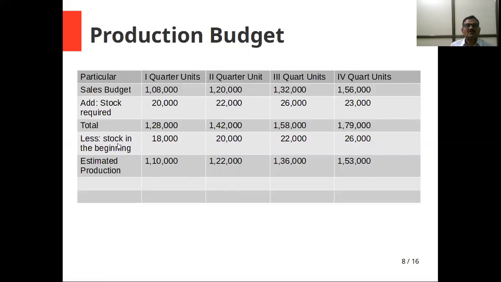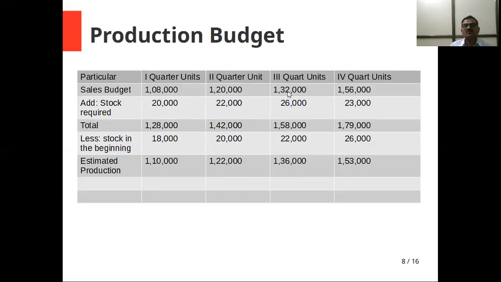Now the stock in the beginning is 20,000. The opening stock of the last quarter becomes the closing stock of the next quarter. So 20,000 becomes the closing stock for the next quarter. 1,42,000 minus 20,000 is 1,22,000.